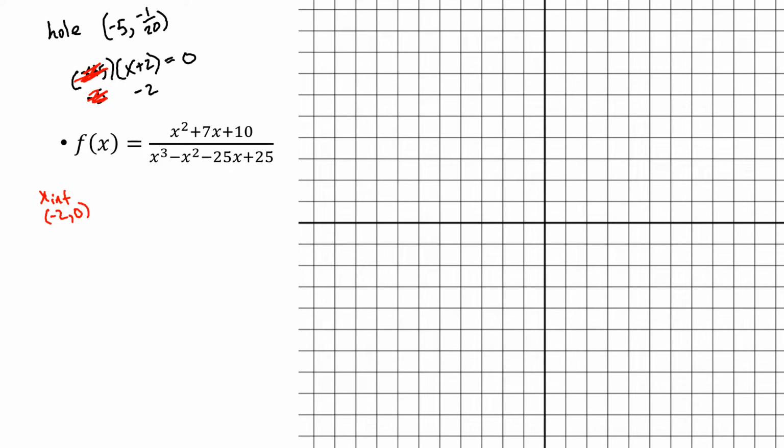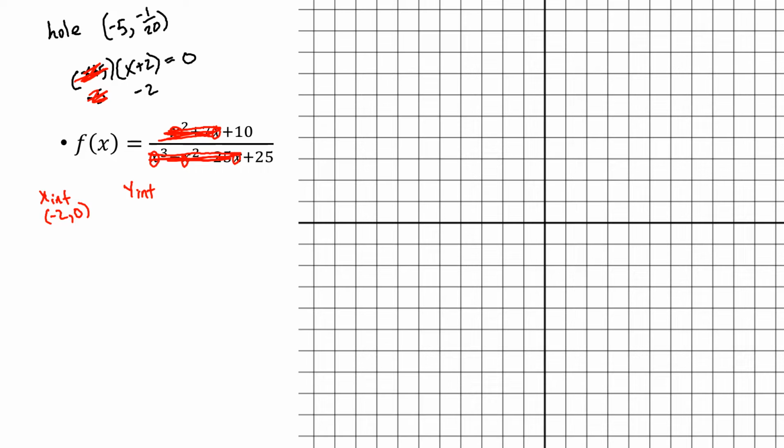Let's say that we wanted to find our y-intercept. For our y-intercept, remember that we're going to change all of the x's to 0. So it becomes 0 squared, 7 times 0, 0 to the third, 0 squared, 25 times 0. Basically, everything up here is going to be gone except for 10, and everything down here with an x is going to be gone, so that's just going to leave us with 25.